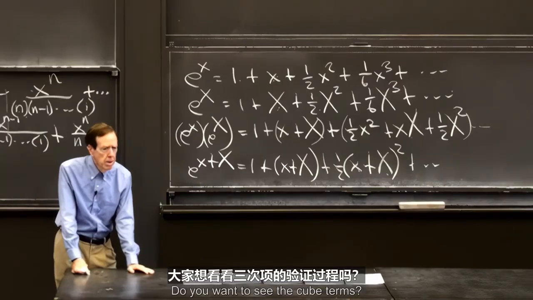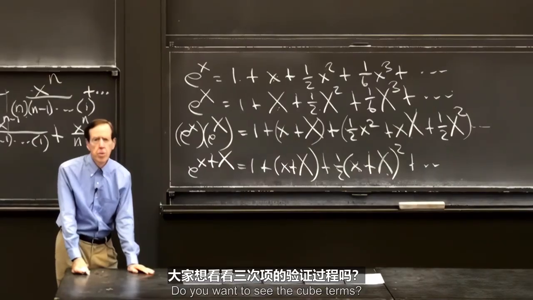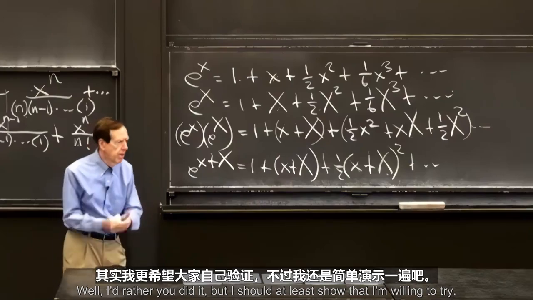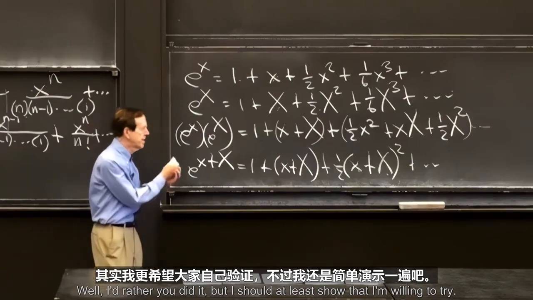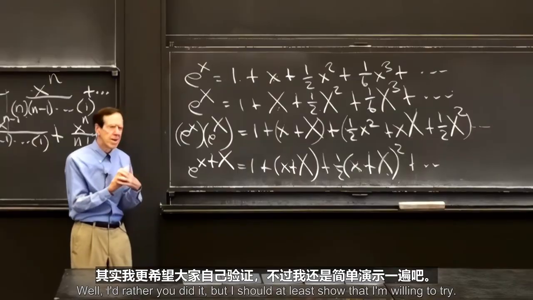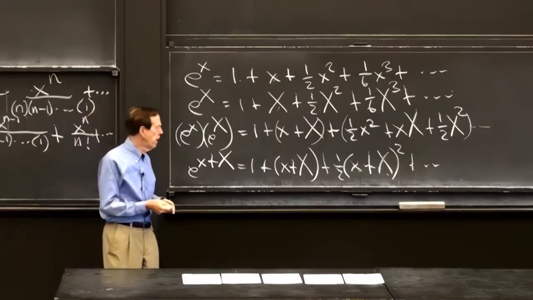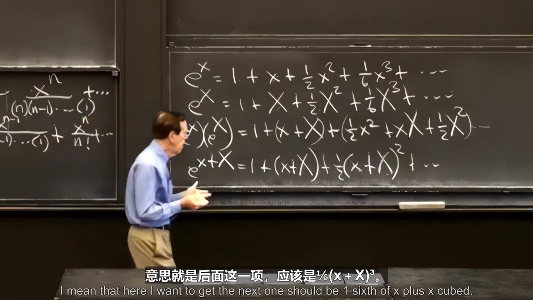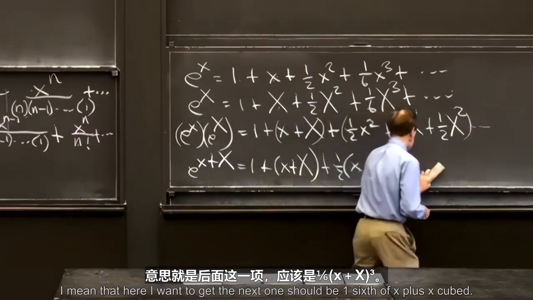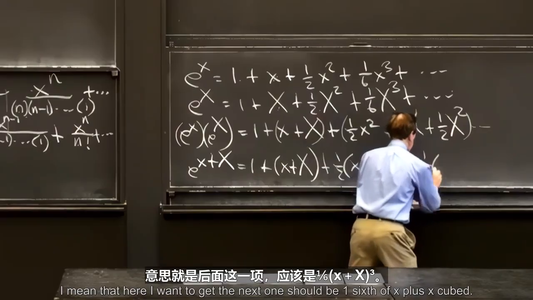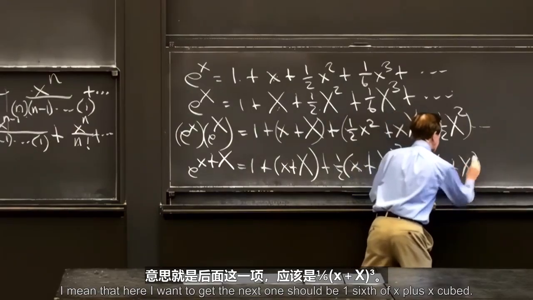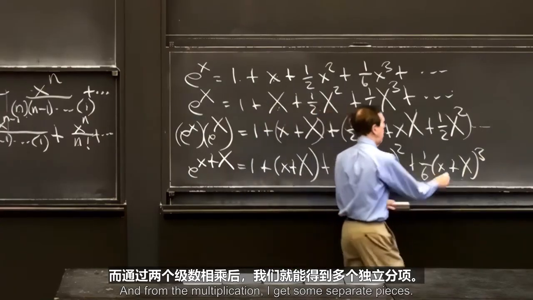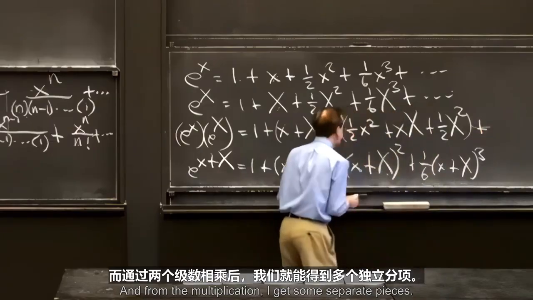Do you want to see the cube terms? Well, I'd rather you did it, but I should at least show that I'm willing to try. So what do I mean by the cube terms? I mean that here the next one should be 1/6 of x plus X cubed. And from the multiplication, I get some separate pieces.